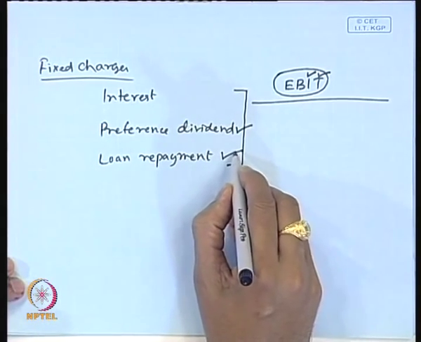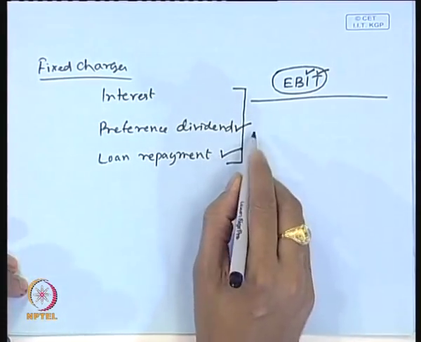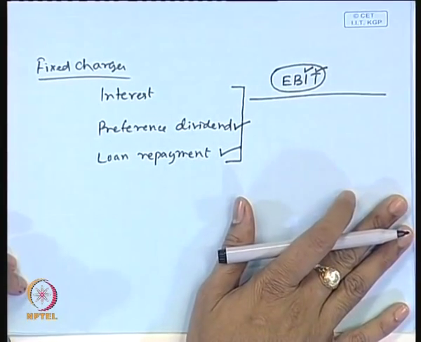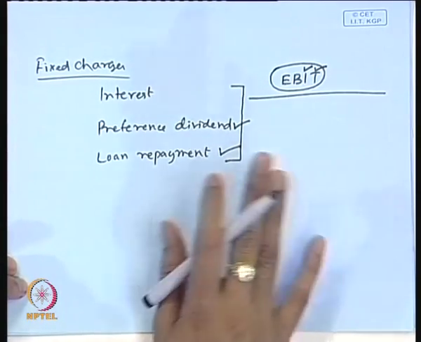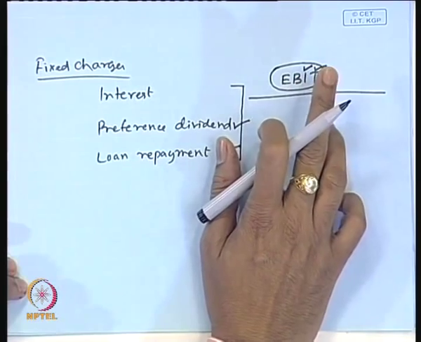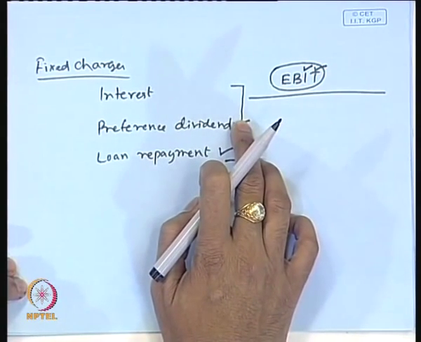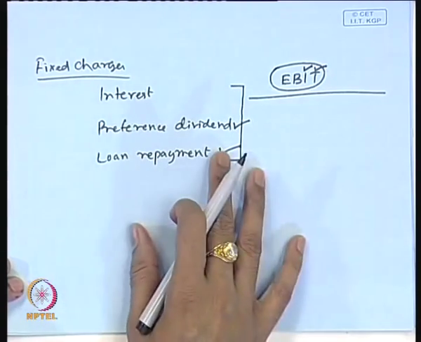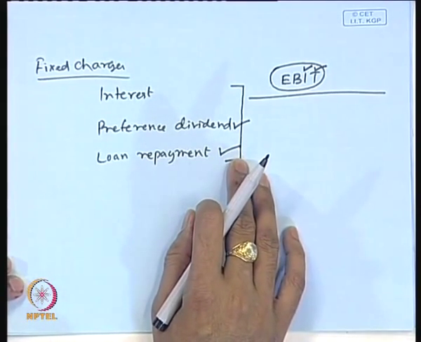Though loan repayment is not a part of the income statement, the surplus created by this company should still take care of all its obligations towards outsiders, including the government because of tax. So: interest, tax, preference dividend payable to the preference shareholders, and any loan repayment that is scheduled for that day.